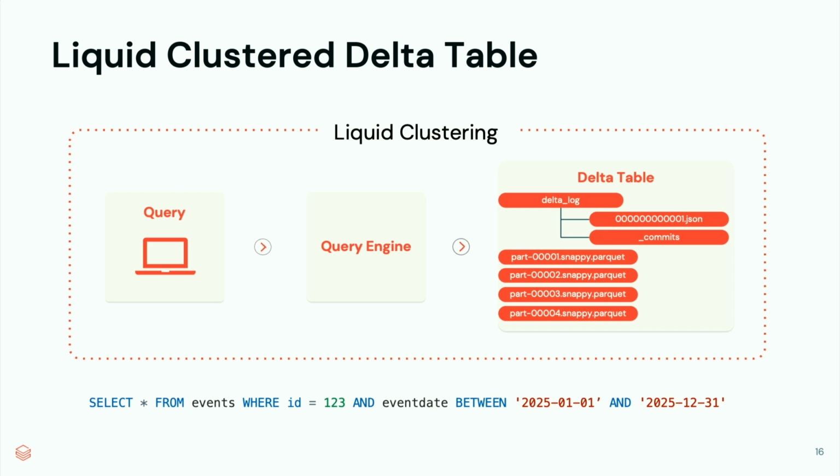So it's a combination. When you trigger a query and it goes to the query engine, it looks at the delta log to find out which Parquet files it should actually read in the underlying Delta table, but it also uses statistics, which helps it really narrow down exactly which of the Parquet files it should retrieve.